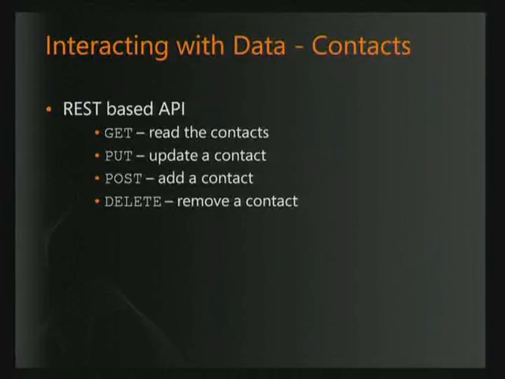Now these functions, like get, put, post, delete, operate the same way as the interface in Hotmail, so adding a new contact there, or the interface in Messenger. You update a contact in Messenger, it's performing the same operation against the backend store. So this is exactly the same as what our other applications are doing.